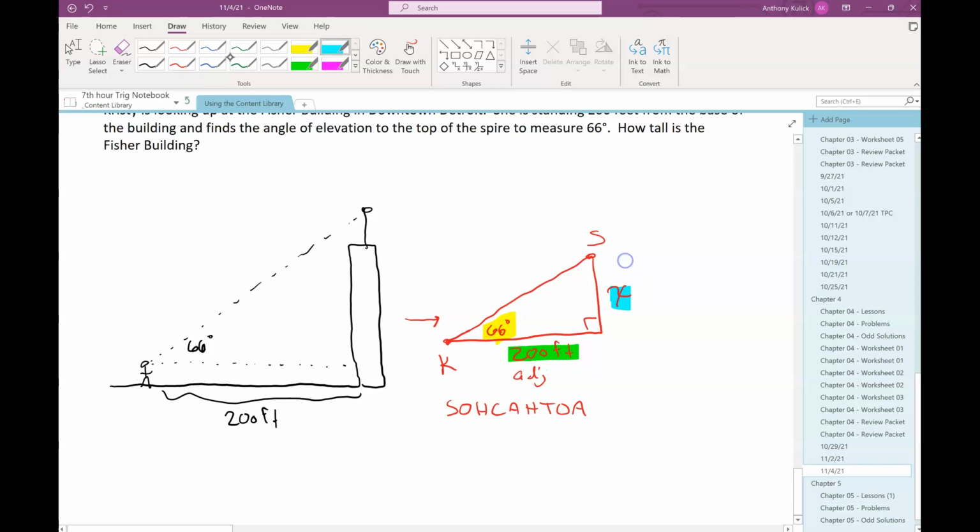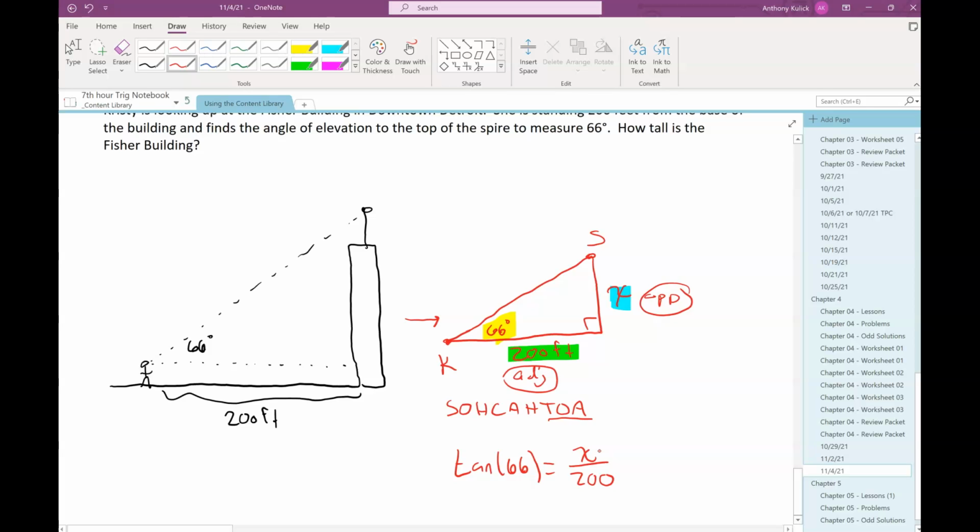And the side I want to know is opposite. So if I have opposite and adjacent, which trig function should I use? Tangent. So I'm going to do tan 66 is equal to opposite over adjacent.